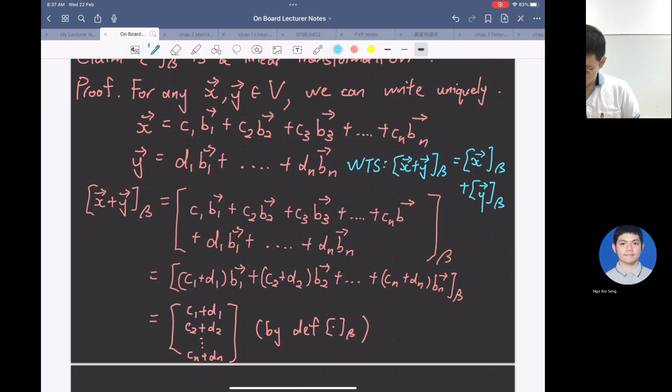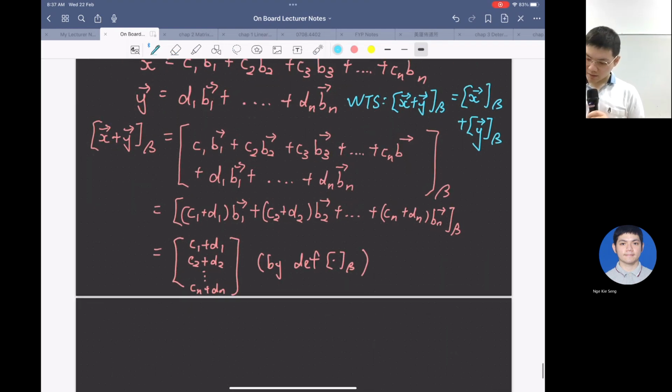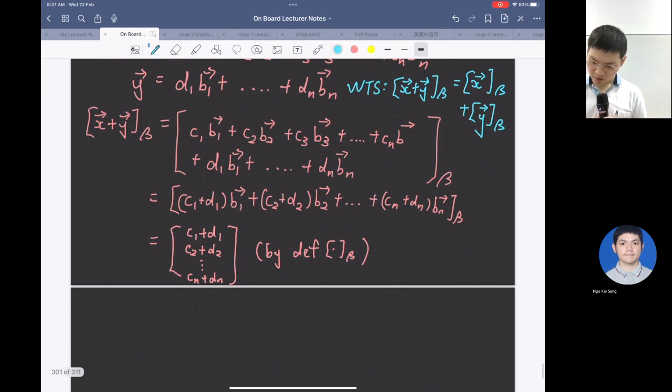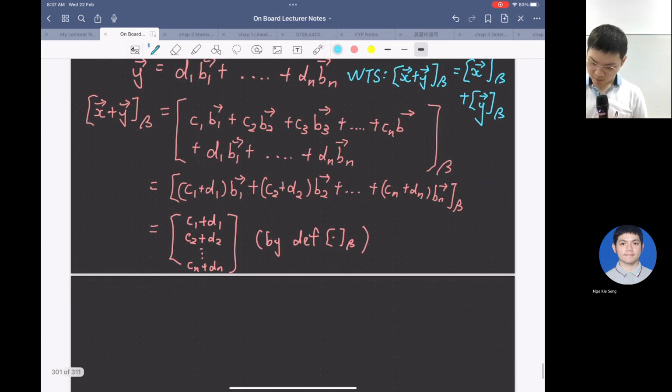So how about the right hand side? How about the coordinate vectors of x with respect to B and y with respect to B?